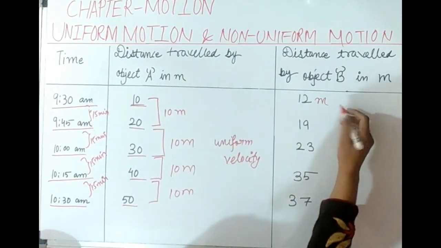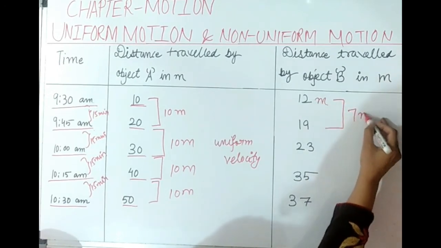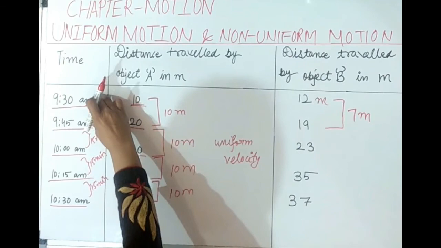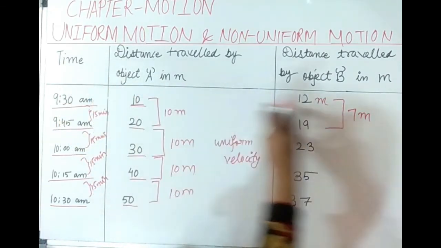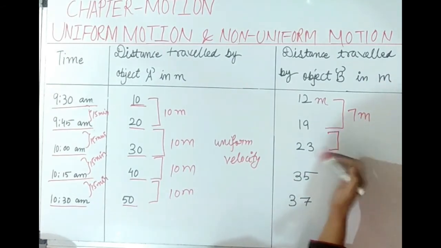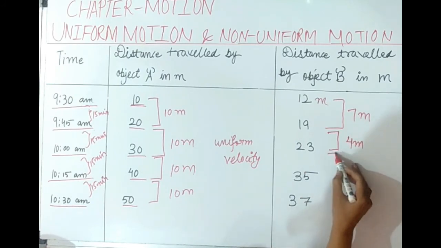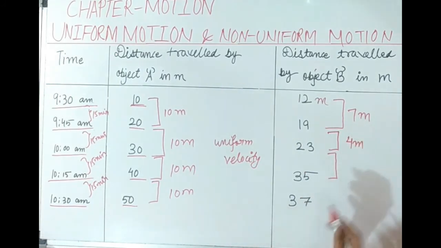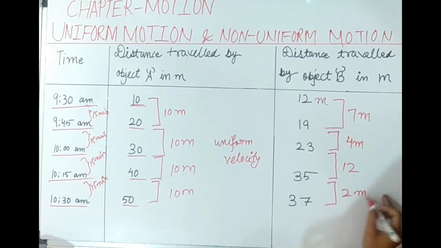How much is the difference between these distances? 19 minus 12 is 7 meters. In these 15 minutes, 9:30 to 9:45, the object has traveled 7 meters, and then in the next 15 minutes, the object has traveled 4 meters. In the next 15 minutes, the object has traveled 12 meters, and in another 15 minutes, the object has traveled only 2 meters.